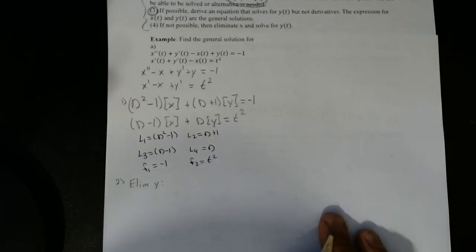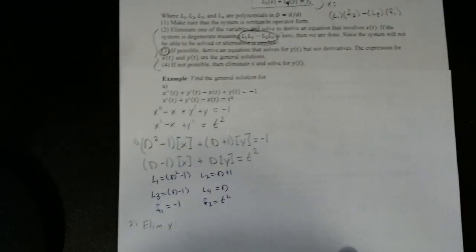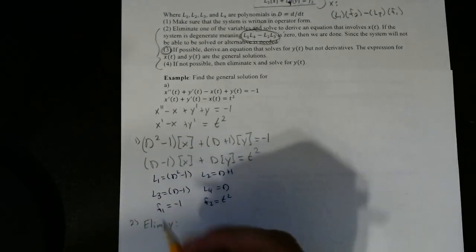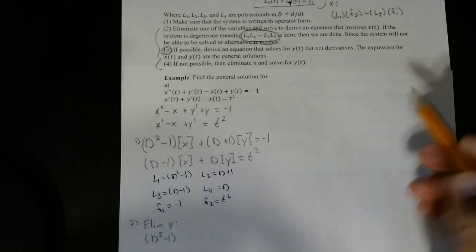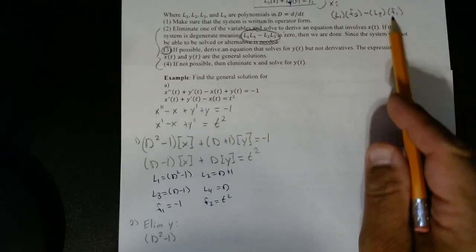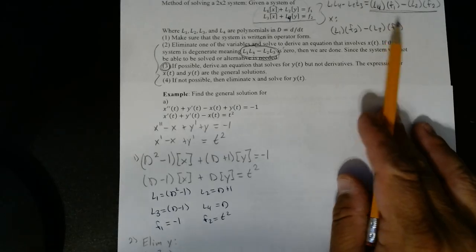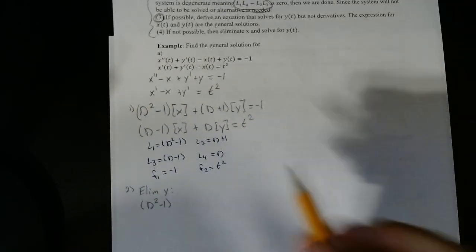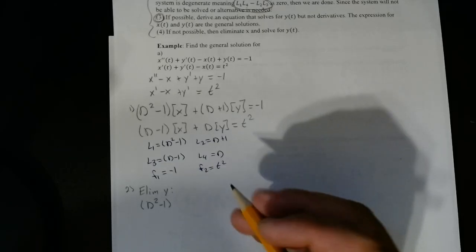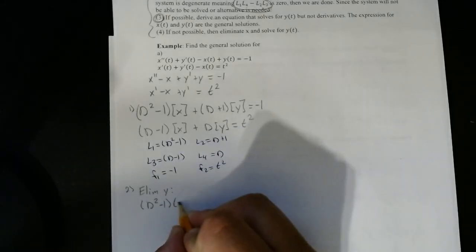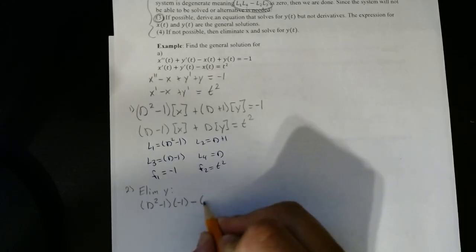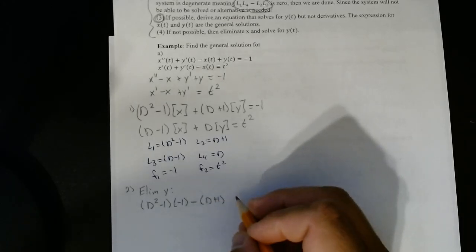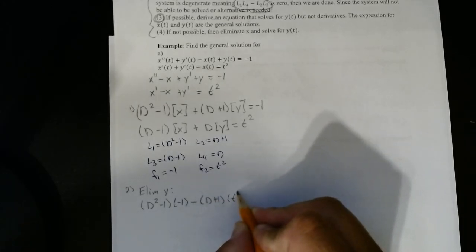Okay, so if we do so, again, following this process I have right there, it's going to be L1 times F1, where's F1 here? Negative 1, minus L2 times F2.